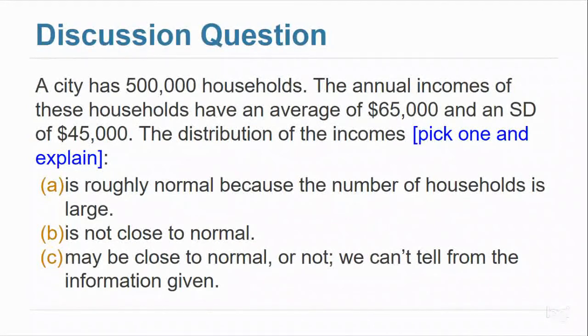A city has 500,000 households. The annual incomes of these households have an average of $65,000 and a standard deviation of $45,000. Answer the following question to describe the distribution of the incomes.